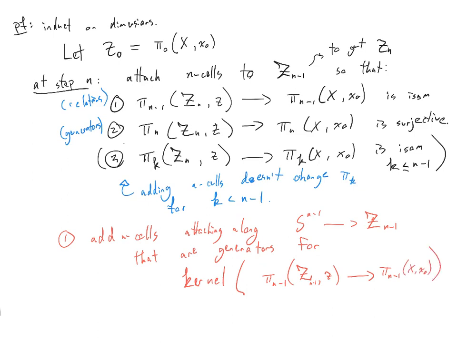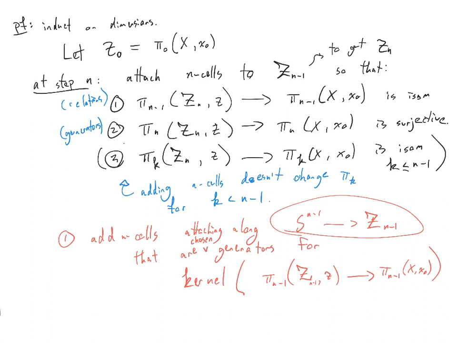So you find what you need to kill, and you pick generators, so I should say chosen generators. So you look at this kernel, and inside of it you pick a generating set, and then you allow these to be indexed on that generating set.